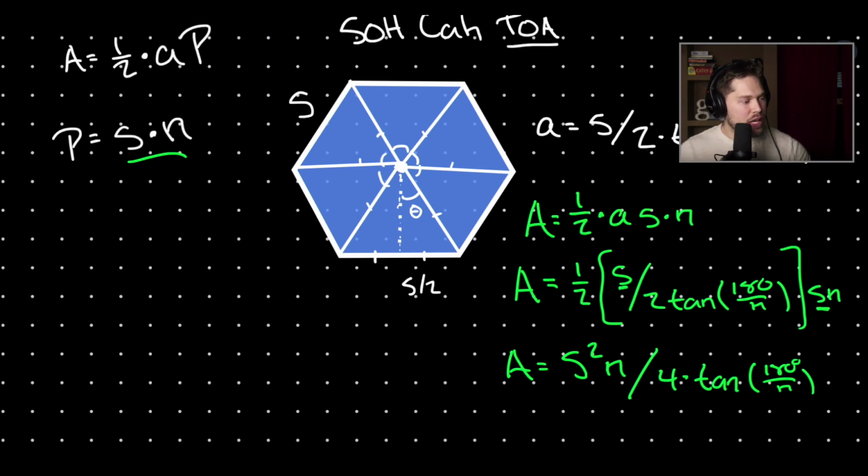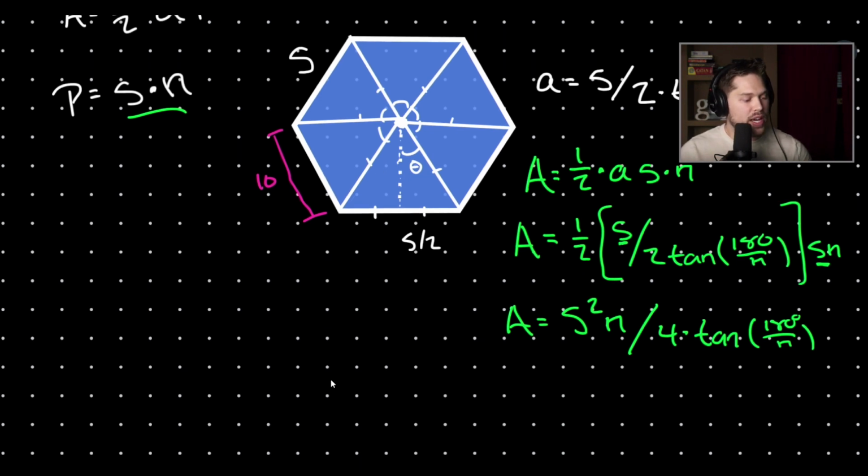And let's just do that for fun really quick. Let's say our side length of this hexagon, let's make it something somewhat simple, let's say it's 10. Okay, what's the area of this hexagon? Well, we can just plug in 10 for s.